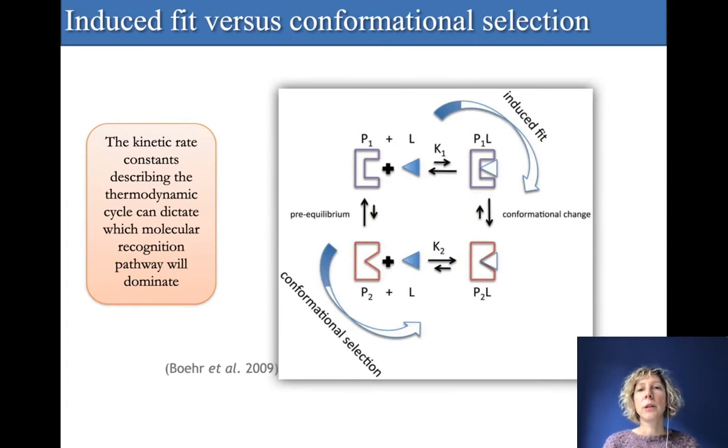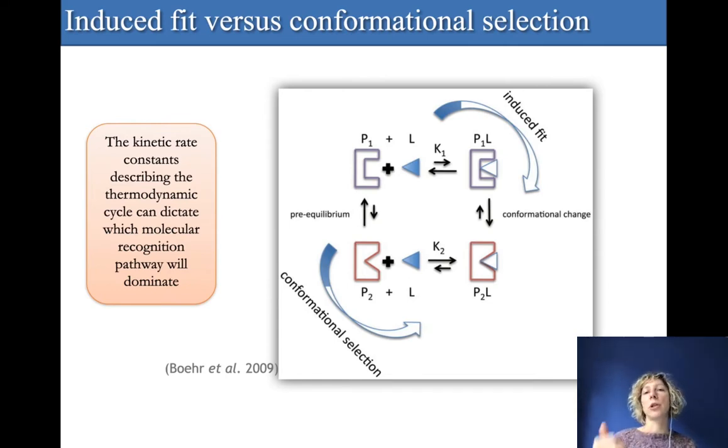Okay, so for example, here you have a scheme where you combine induced fit and conformational selection. So let's say you have your P1 and the ligand. And P1 can adopt two different conformations. So you have first the pre-equilibrium between the two, and you can see that the one in purple is more favored than the one in orange. And then when you associate with the ligand, it's the opposite.